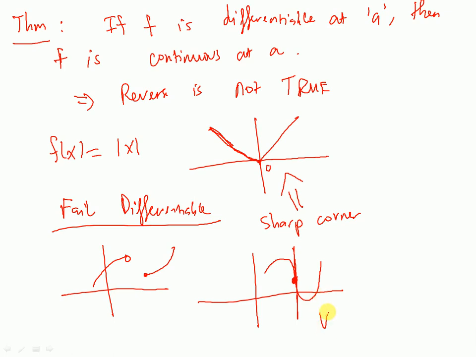So in the case of a vertical tangent line, or discontinuity, or a sharp corner, in all of these cases we don't have the derivative for the function.